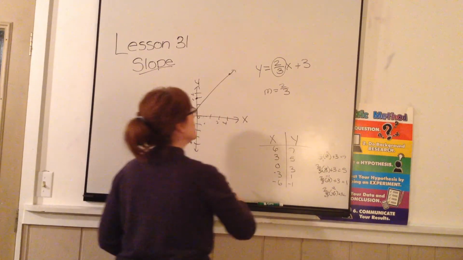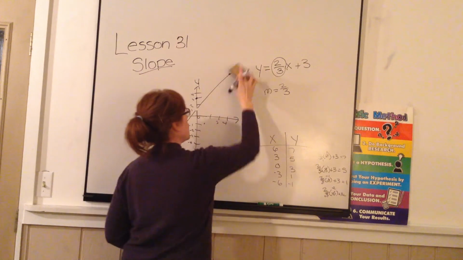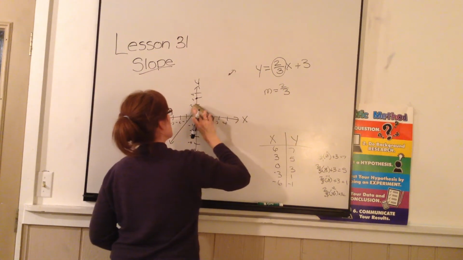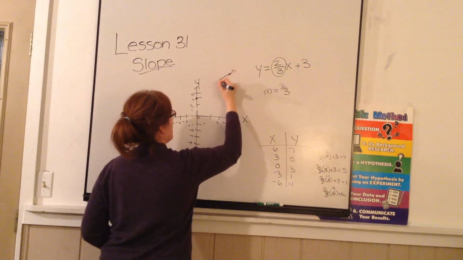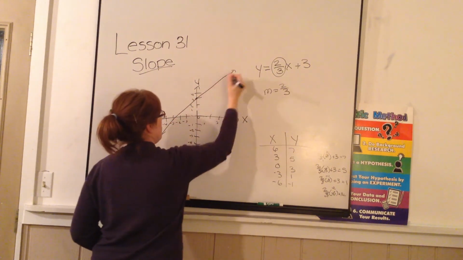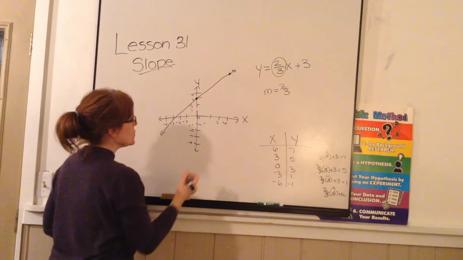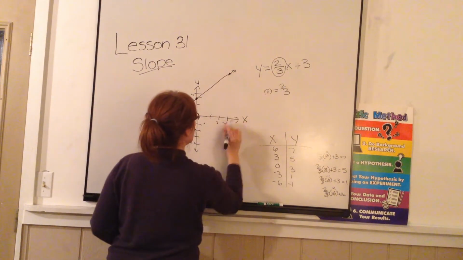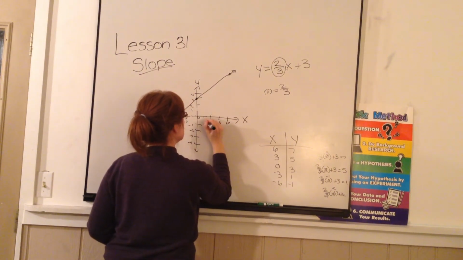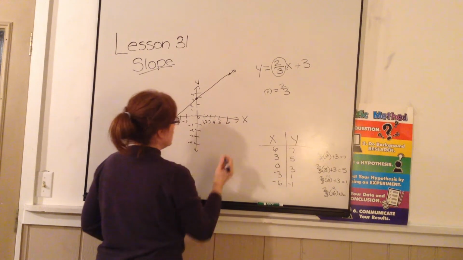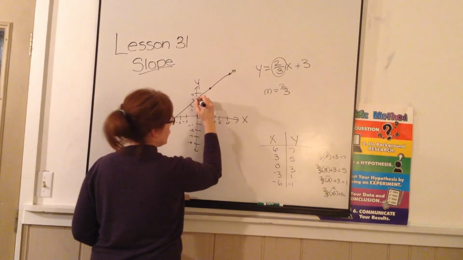What did I do? You know what I did? I didn't erase this point from my other graph, and that's why this looks funky to me. It should actually be more like this. Okay? So I'll have 3, 5, which would be here, 0, 3.